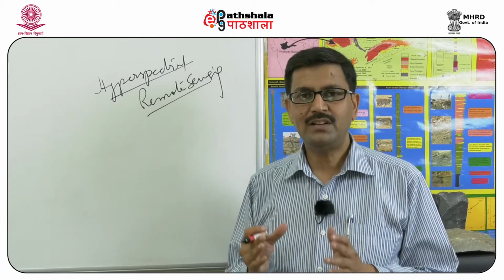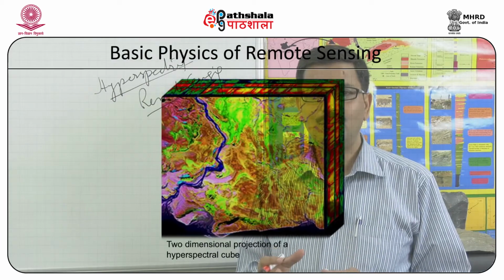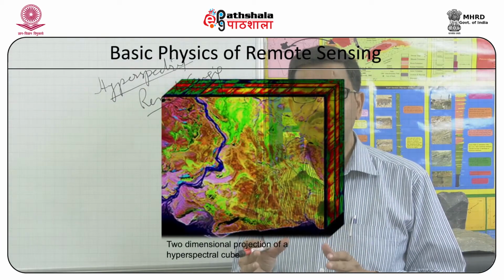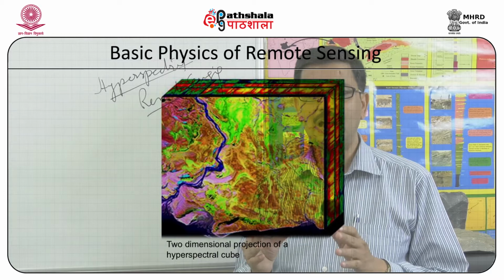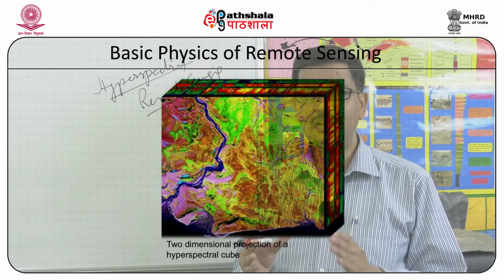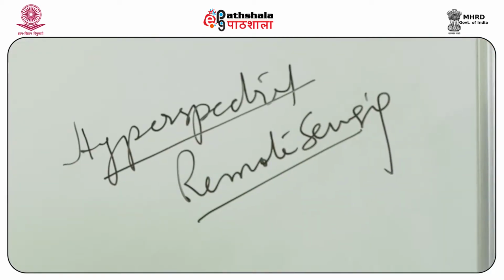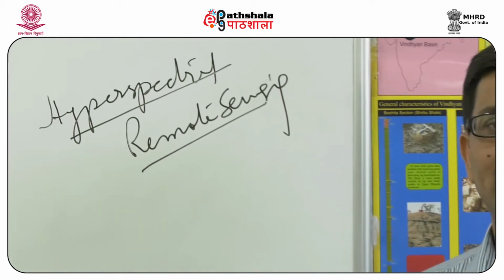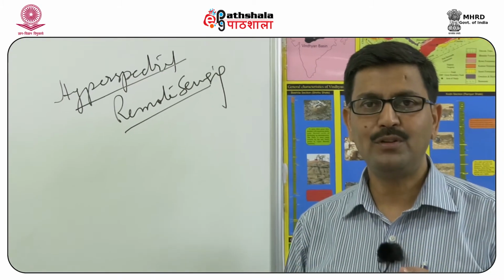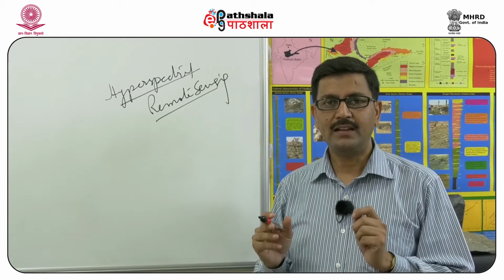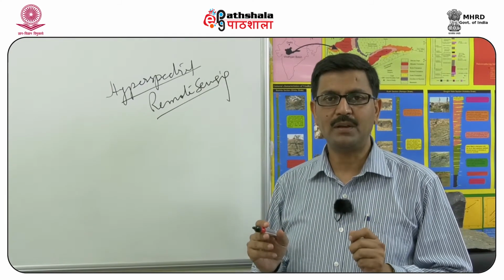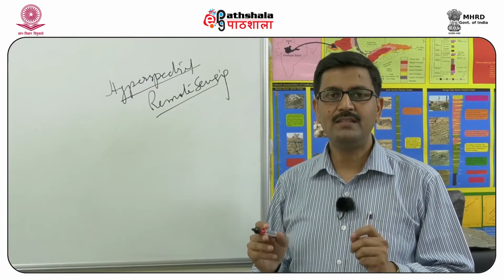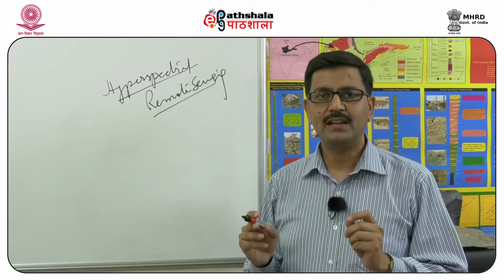If you see figure 1, that shows the 3-dimensional cube of hyperspectral remote sensing data. I will show you some of the maps and diagrams that give you a clear-cut understanding about the hyperspectral remote sensing technique, science and data, and lastly the application.